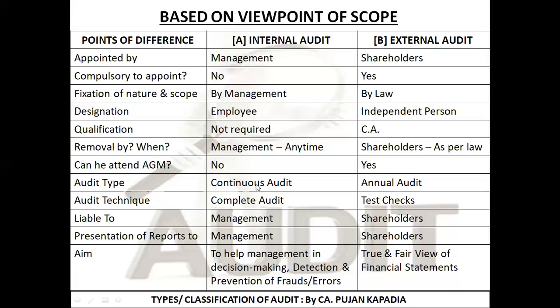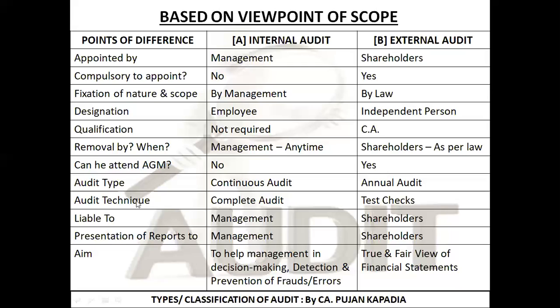That is, the internal auditor is constantly in touch with the client business and he is constantly auditing each and every transaction on a regular basis. So it is a continuous audit. While external audit is an annual audit. That is, the auditor audits the books of account generally after the end of the particular financial year in one sitting or a continuous sitting. As a result, external audit is in the form of annual audit.